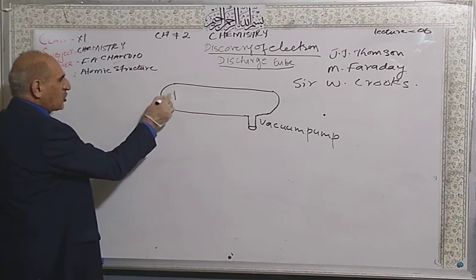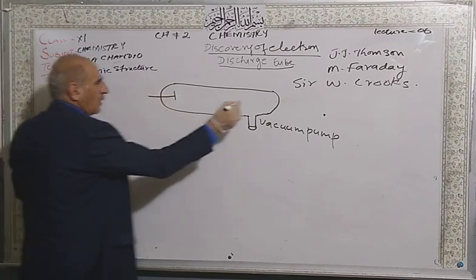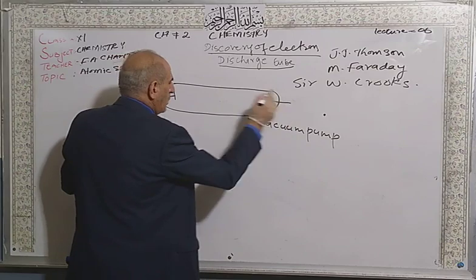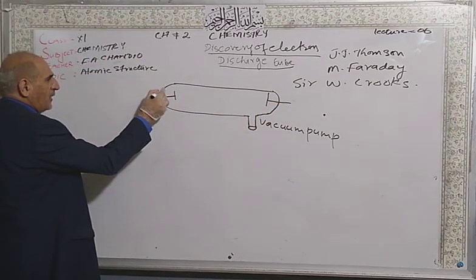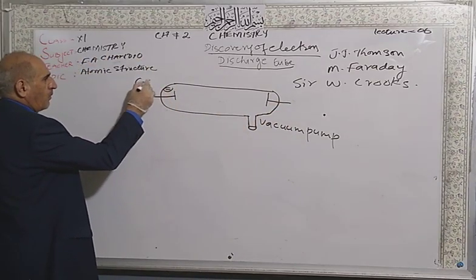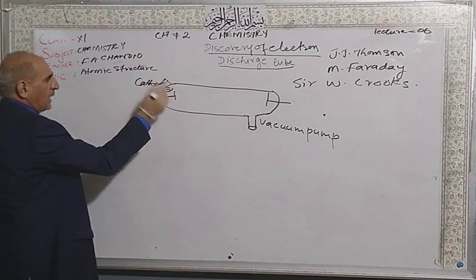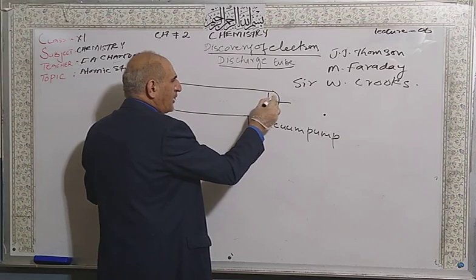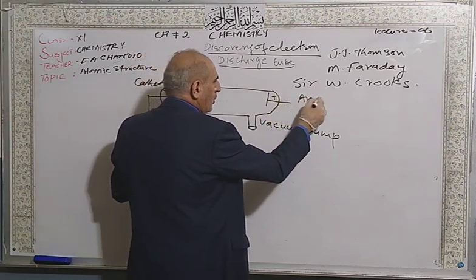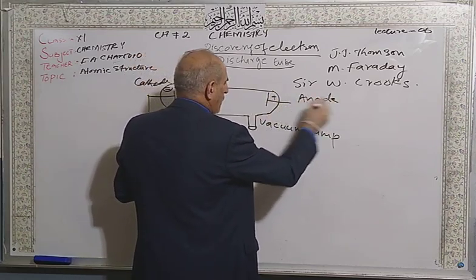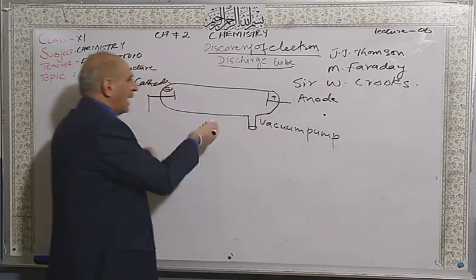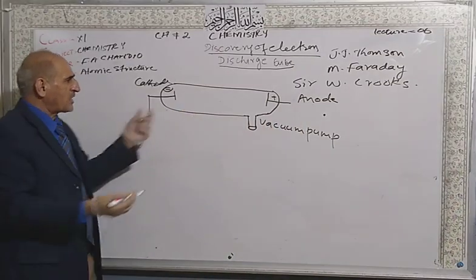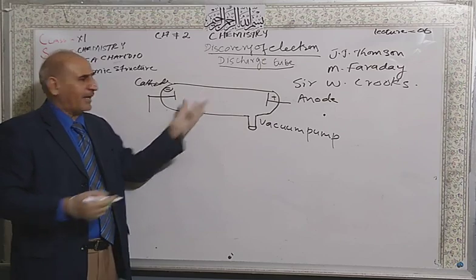And these are the electrodes. This electrode is called the cathode. Cathode has a negative charge. And this electrode is called the anode. Anode has a positive charge. And inside, first of all, they put air.